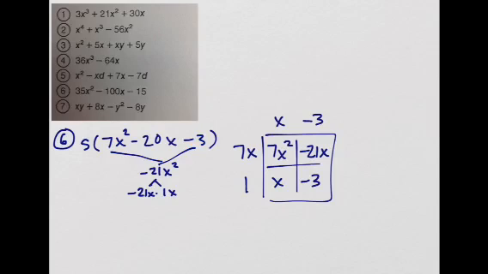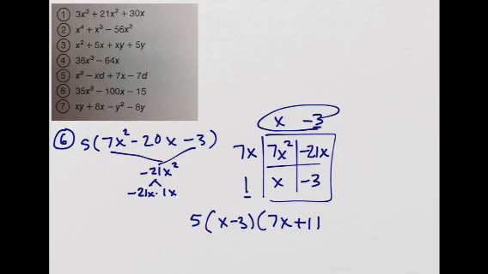Then 1 times x is x. And I check, is 1 times negative 3 negative 3? Yes. So now I have my factors. Don't forget the 5. And then x minus 3 from the top here. And then 7x plus 1 from here.